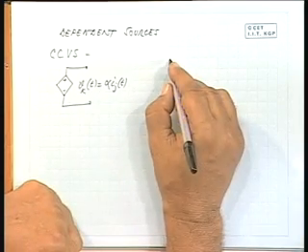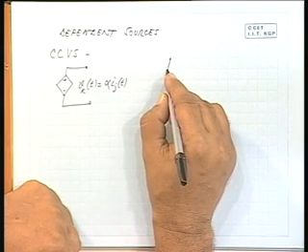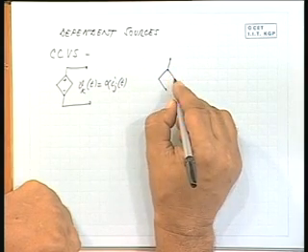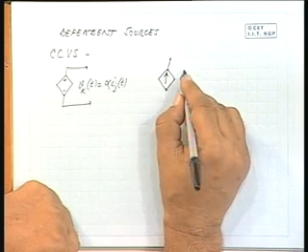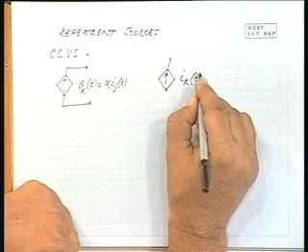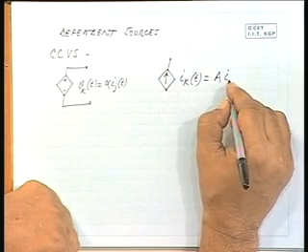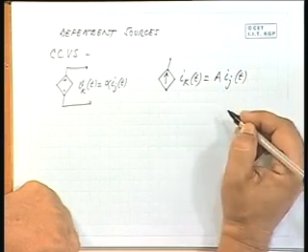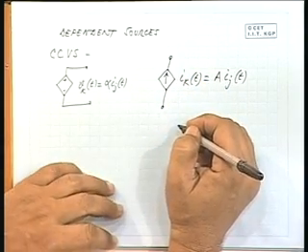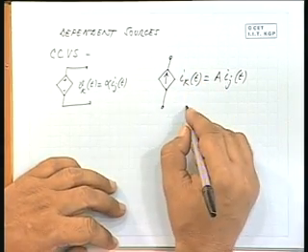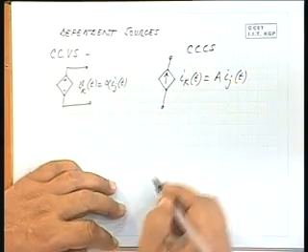Similarly, you have CCCS, current controlled current source, shown like this, and Ik will be some A times Ij. So, this is current controlled current source.